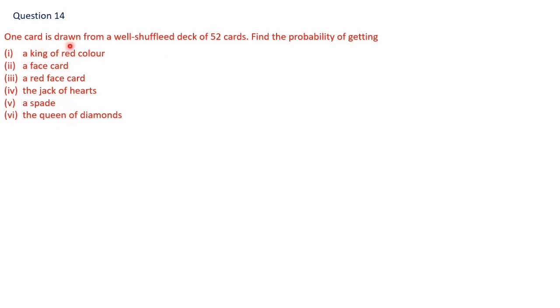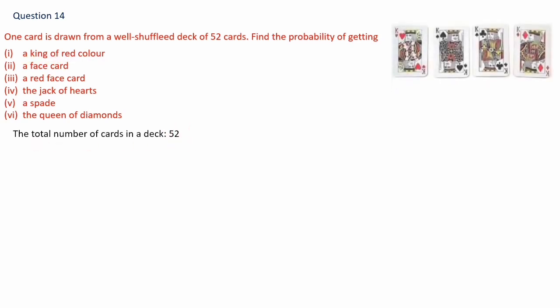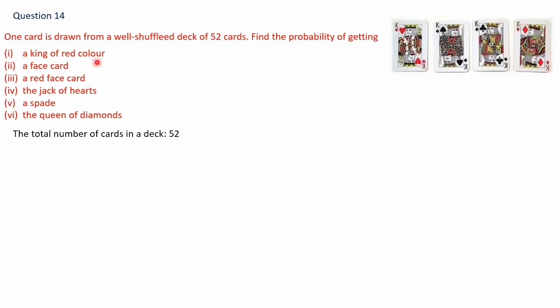So one card is drawn from a well shuffled deck of 52 cards. In one deck of cards there are 52 cards, as mentioned here. Find the probability of getting a king of red color. The total number of cards in a deck is 52. First question, a king of red color.